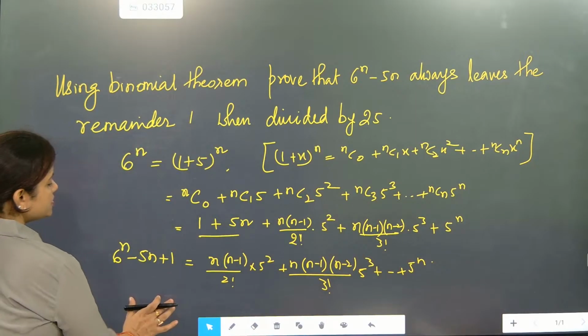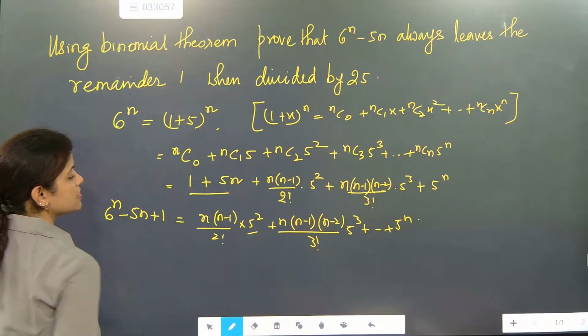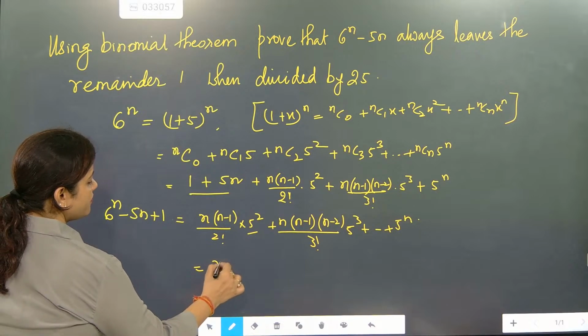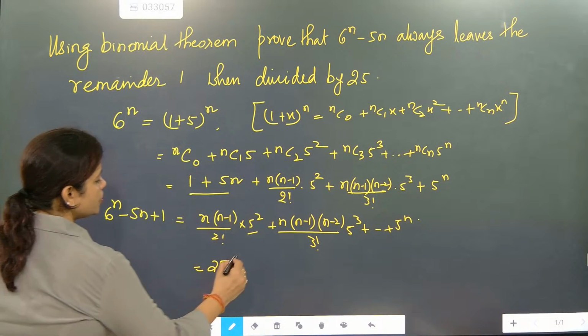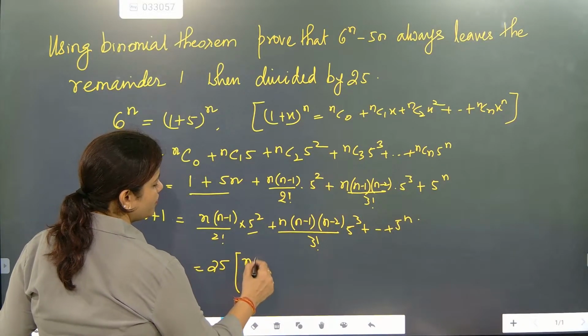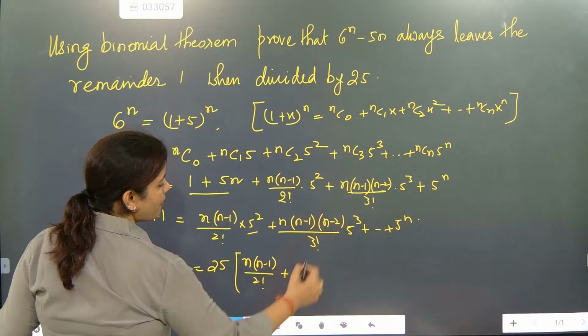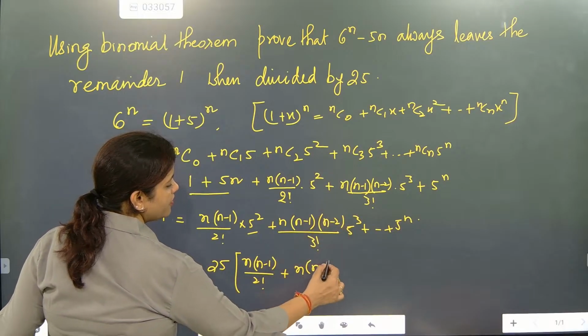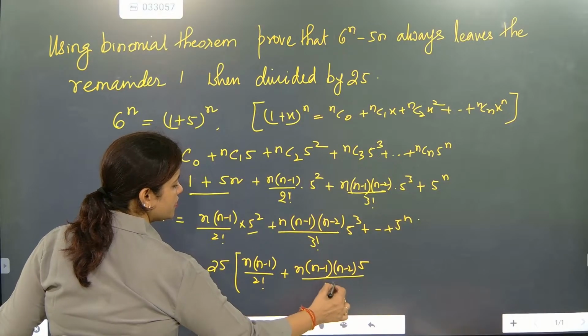Now beta, in all this process, did you notice one thing? Here 25 is coming. Can I take out 25? 25 came. So 25 we will take out, 5 to the power 2 we are taking out. What will be left? (n minus 1)/2 factorial. Since 5 to the power 2 we have taken out, it will become n minus 1, only 5 will be left, over 3 factorial.